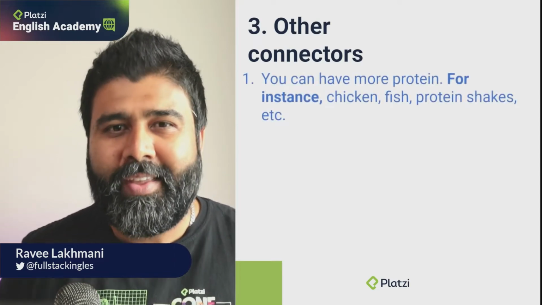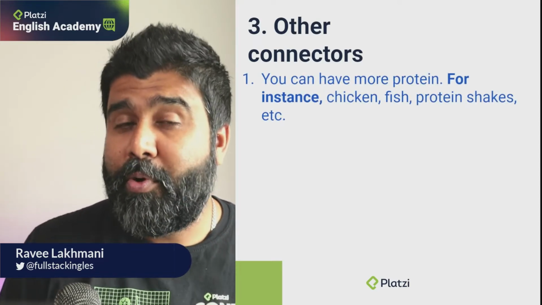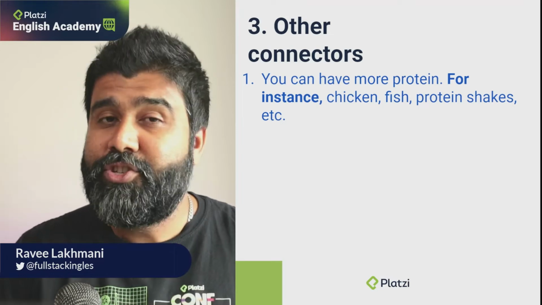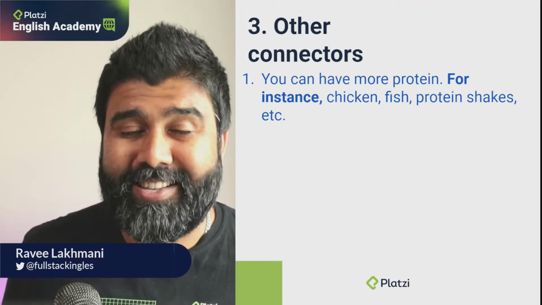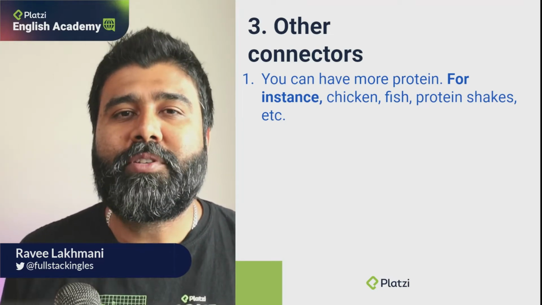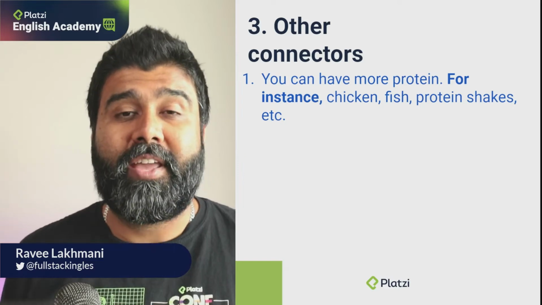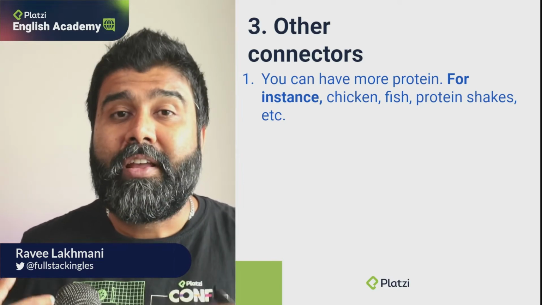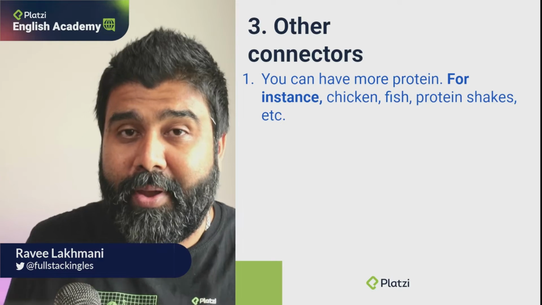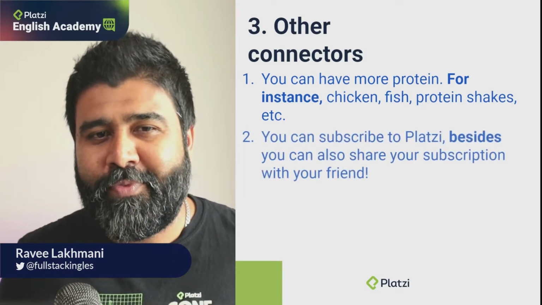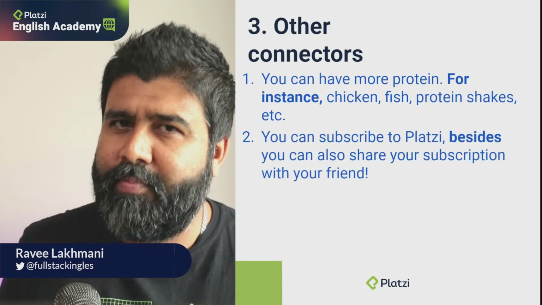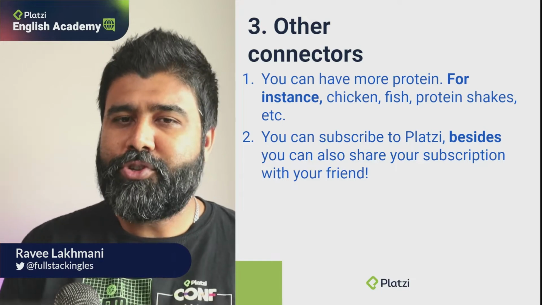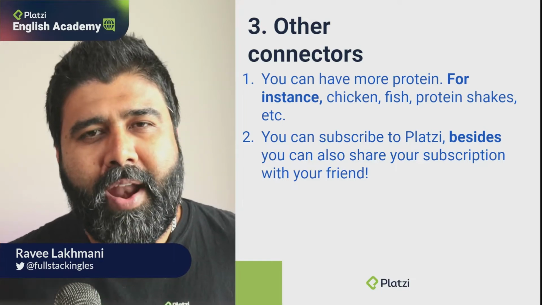Number 1, you can have more protein. For instance, chicken, fish, protein shakes, etc. I am using for instance here to give an example and sound more formal while doing that. Number 2, you can subscribe to Platzi. Besides, you can also share your subscription with your friend.